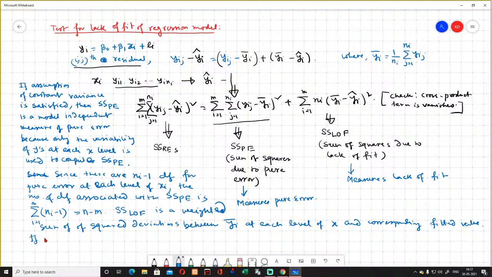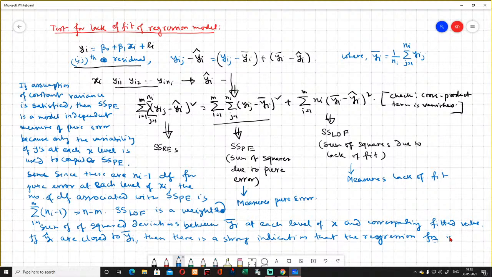If yi hat are close to yi bar, then there is a strong indication that the regression function is linear. Okay.